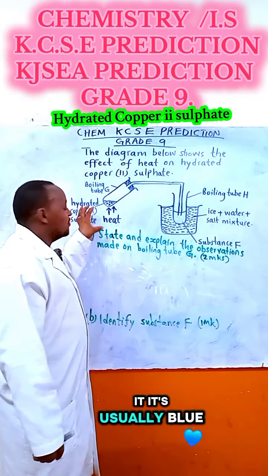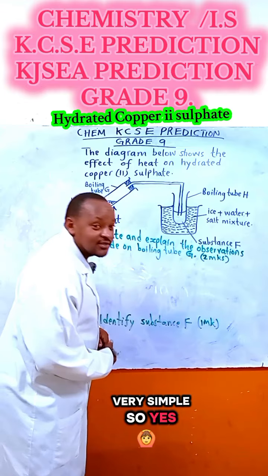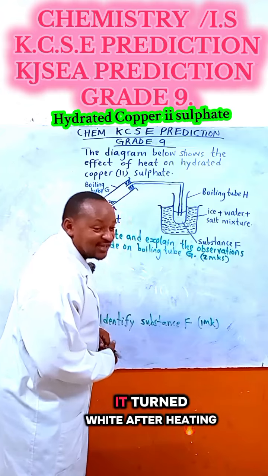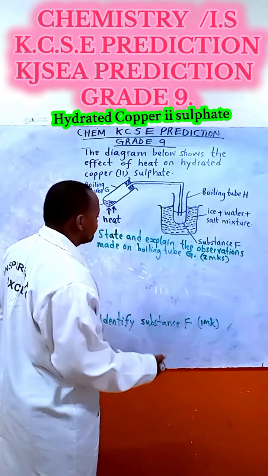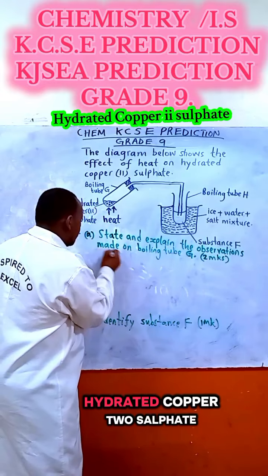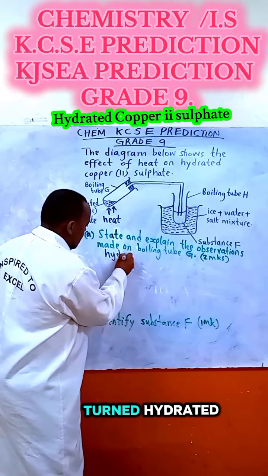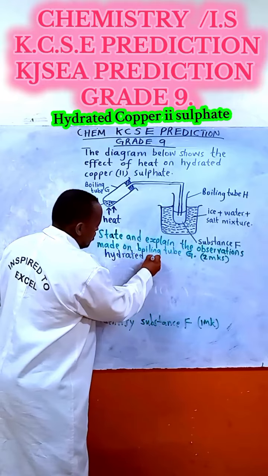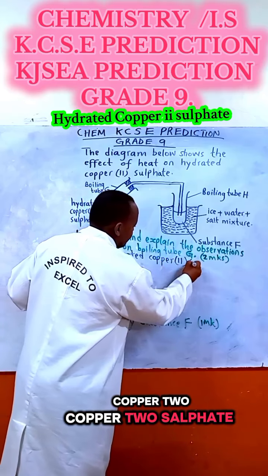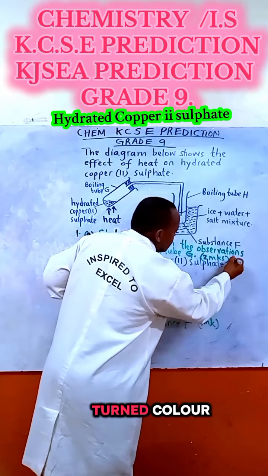We have seen it is usually blue in color. Very simple. So, it turned white after heating. Let us write: hydrated copper-2 sulfate turned color.